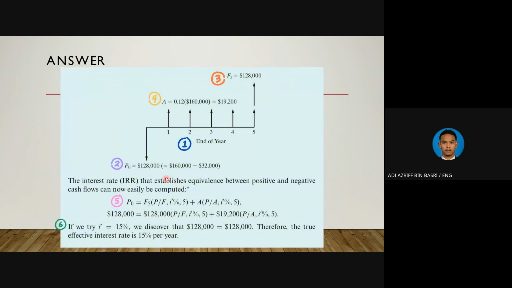Okay, step number 1, you need to know the cash flow. So in this case, the company wants to borrow 160,000, but they need to have money of 32,000 in order to get the loan. So the total P0 is about 128,000.